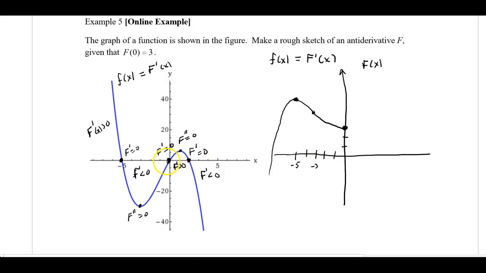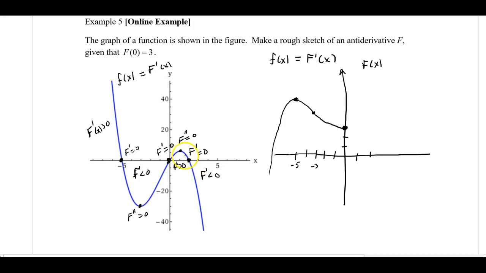And at 2, capital F prime will be 0. So that means that would be considered a critical number. Well, what's happening before F prime equals 0? Right here we have that F prime is positive, and then now it's negative.